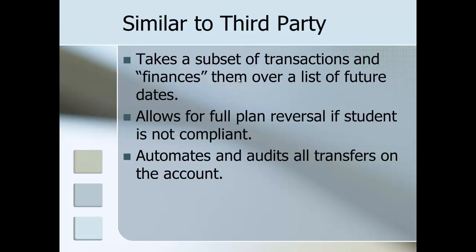You can obviously bring in other charges if you wanted to. You could make it tuition and fees. You could make it tuition, fees, and bookstore charges. You could make your bookstore charges only divide into 2 payments. It's a very flexible system to be able to basically finance out students' responsibilities to the student account.